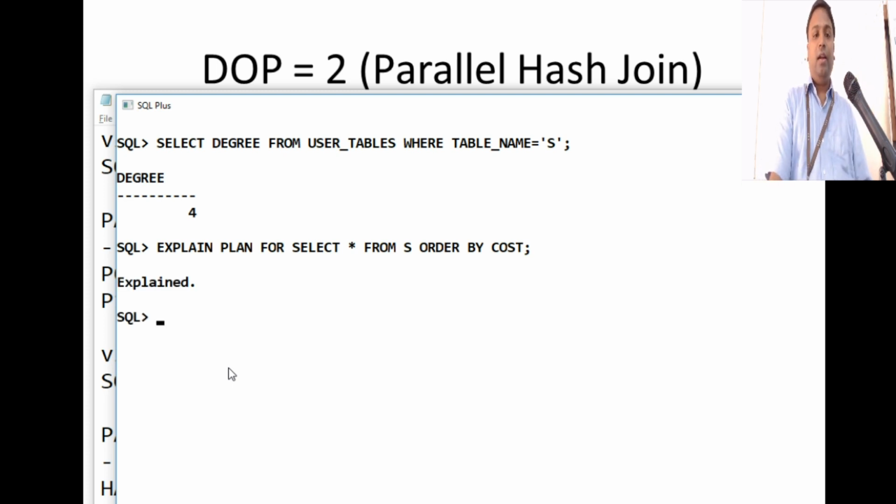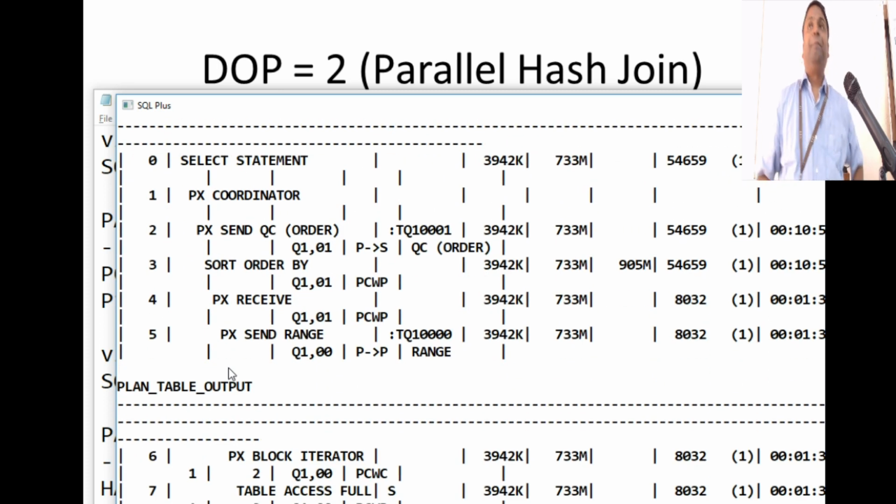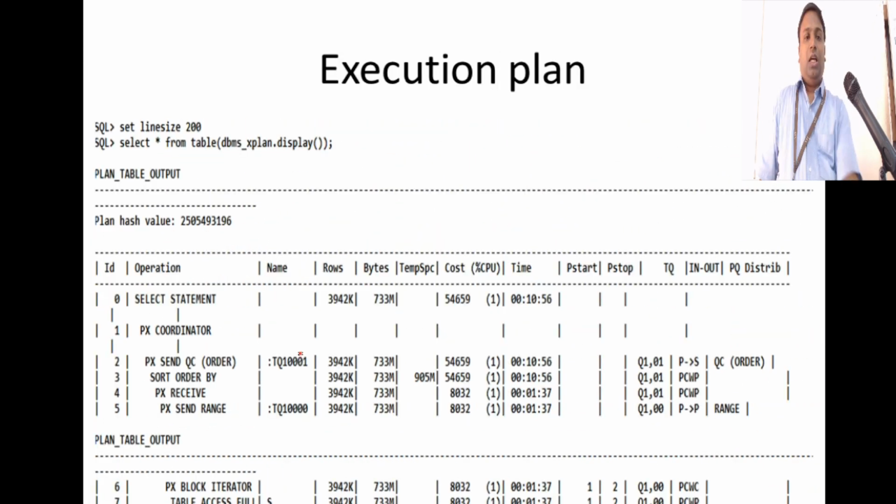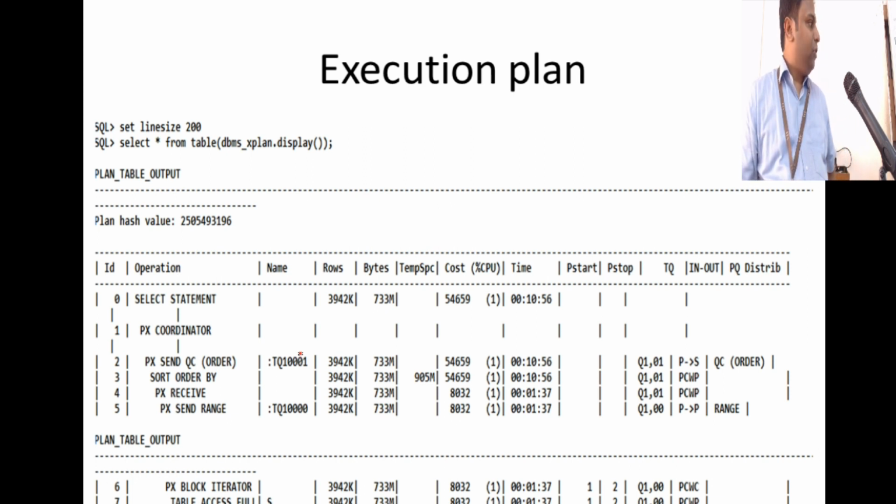That is the idea here. Now let us see what is in the output: select star from table, DBMS_XPLAN.DISPLAY. Let's view this. Okay, this is the output I have received.